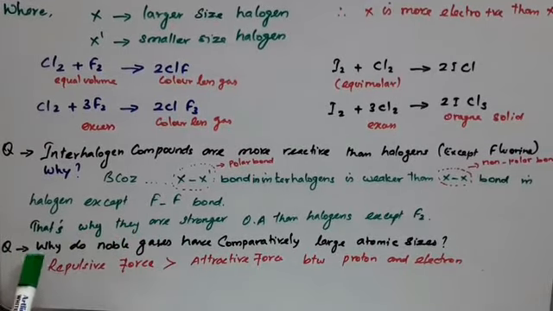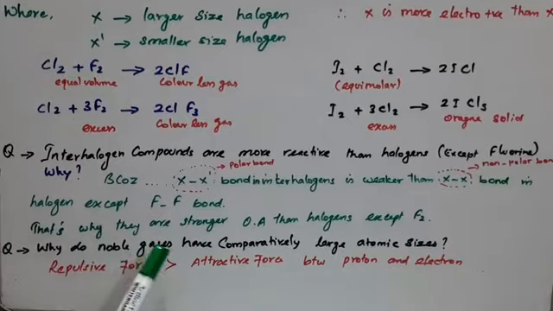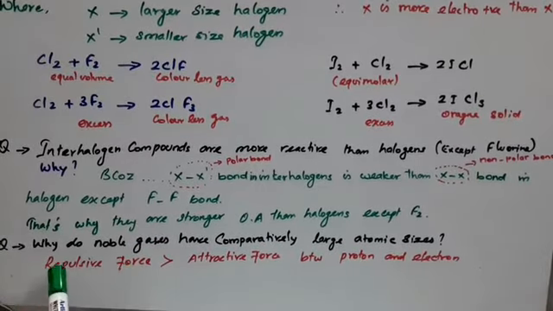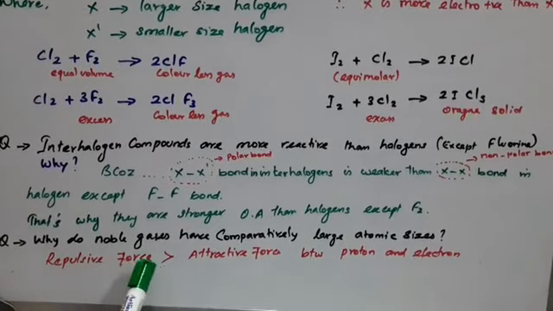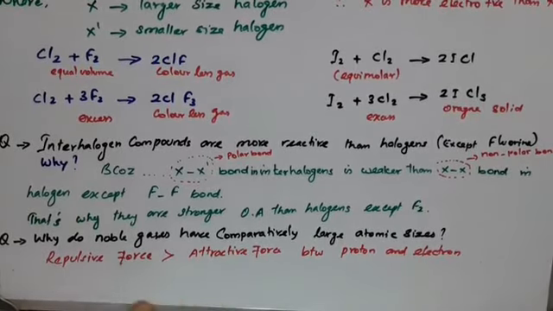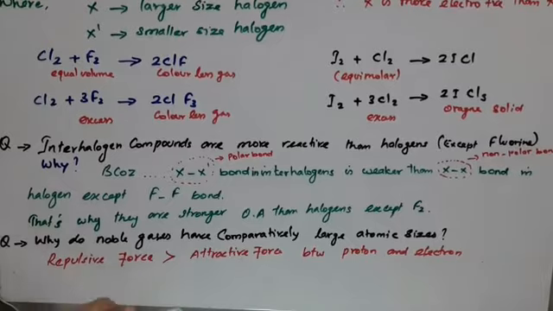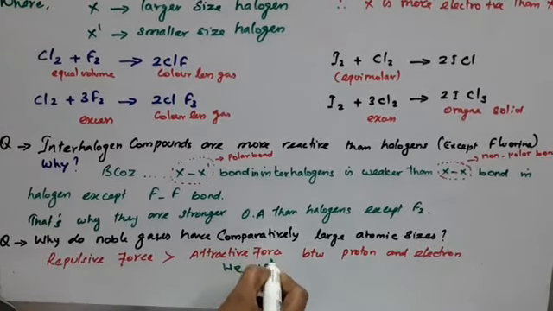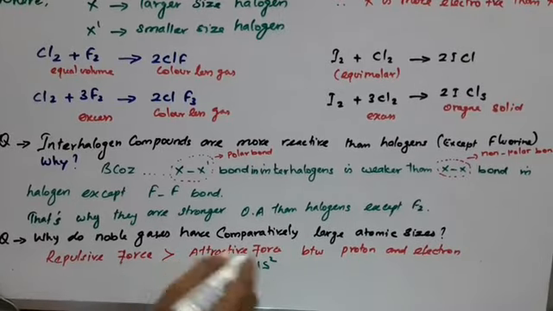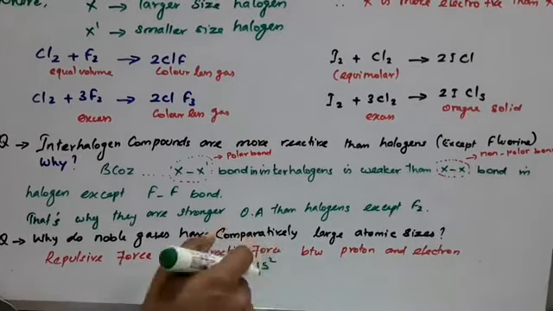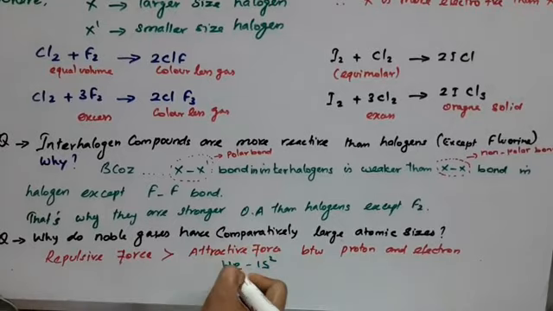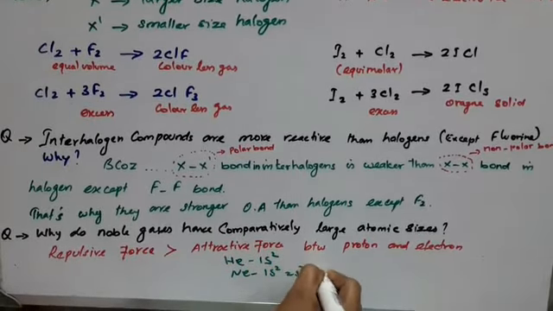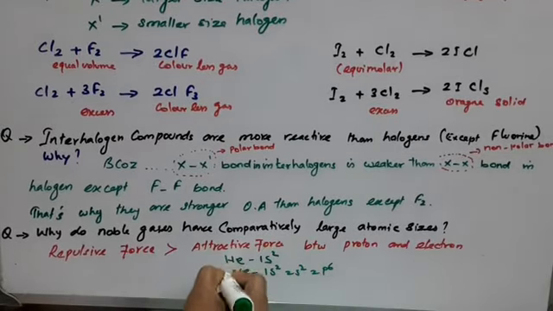Another book back question: why do noble gases have comparatively large atomic sizes? The key points you should write: repulsive force greater than attractive force between proton and electron. Here you see helium is 1s2, completely filled, there is no gain or loss. And neon means 1s2, 2s2, 2p6, 10 electrons, completely filled.